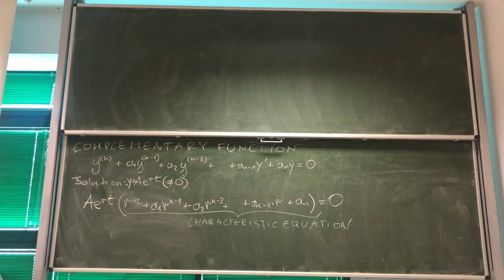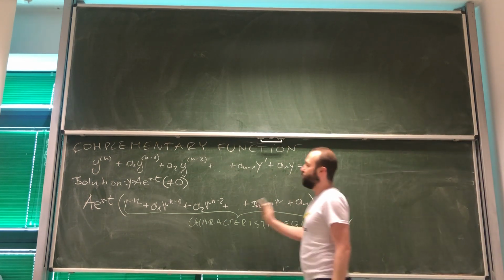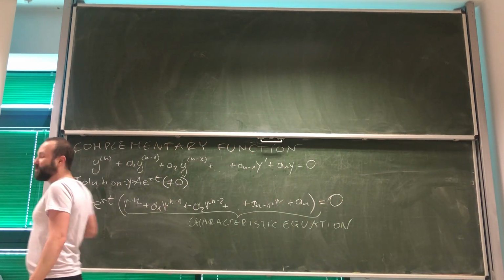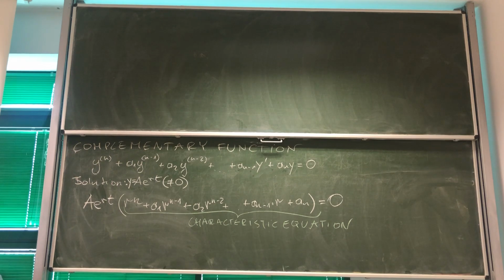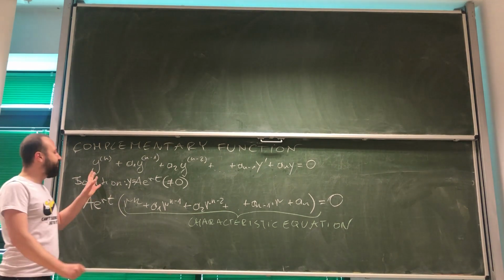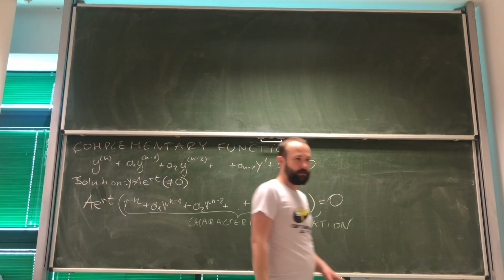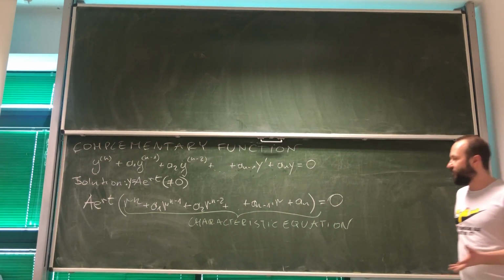This characteristic equation can have up to n different characteristic roots. Once we find all those roots, we've got a complementary function.